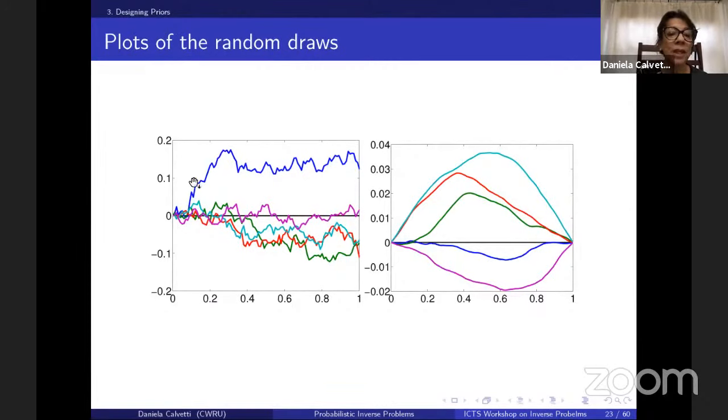This realization here, the blue, makes a jump fairly early in the positive direction. Some, let's say this magenta, go in the negative direction, and at every point the innovation can be with a positive or a negative sign. Some signals, in the end, are fairly far from the zero mean, in the positive or the negative direction.